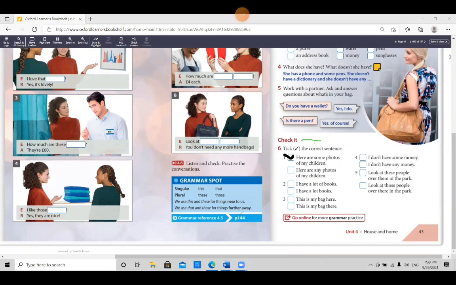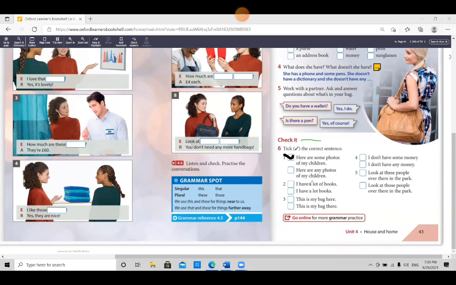Number 2. I have a lot of books or I have a lot books.